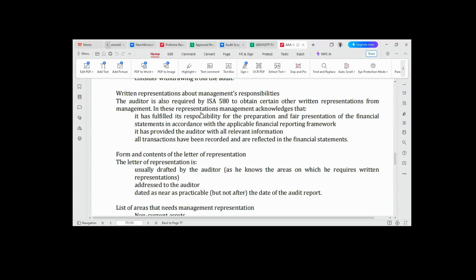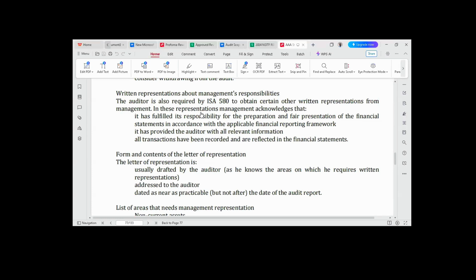So when the need arises, all they have to do is speak with the management and send it to them. They will put it on their own letter-headed paper and the management will sign. Once the management signs, it is believed that the letter originates from the management. That is the main use of the letter of representation.